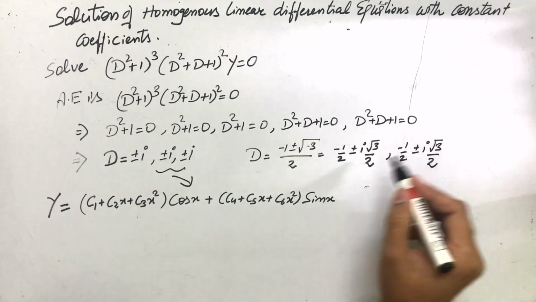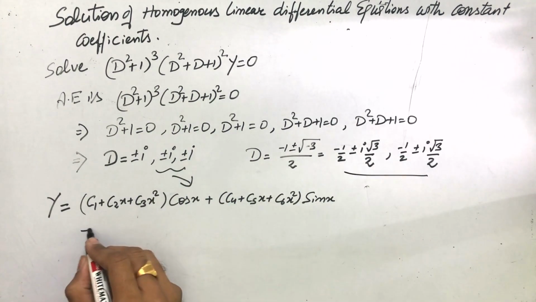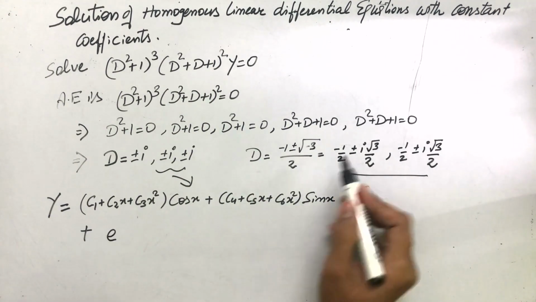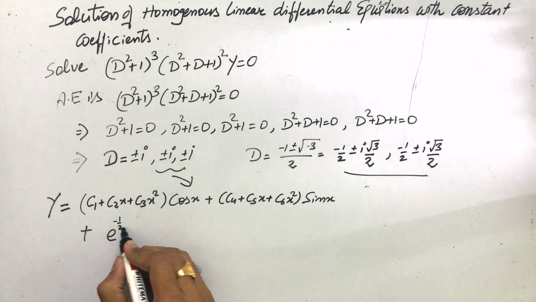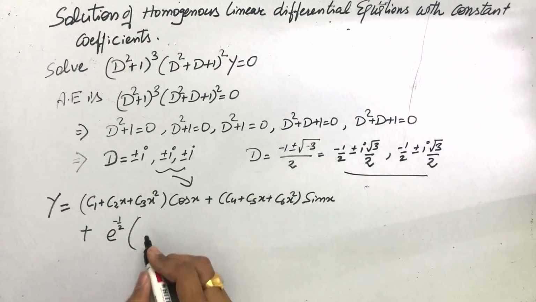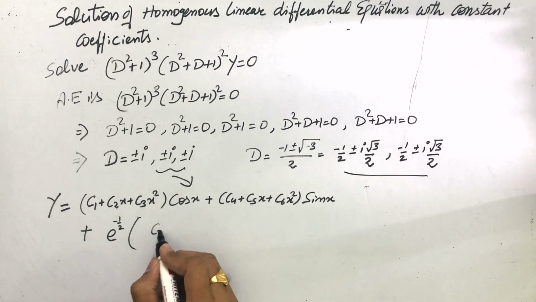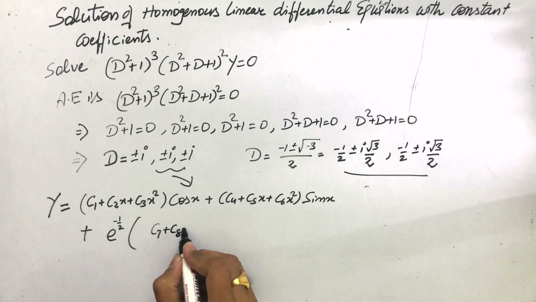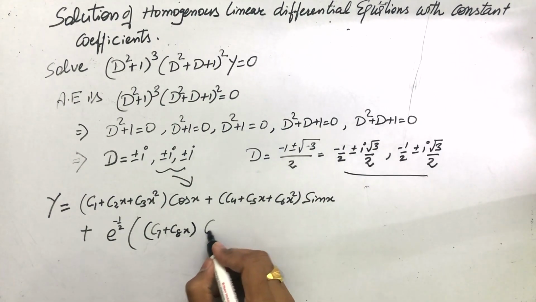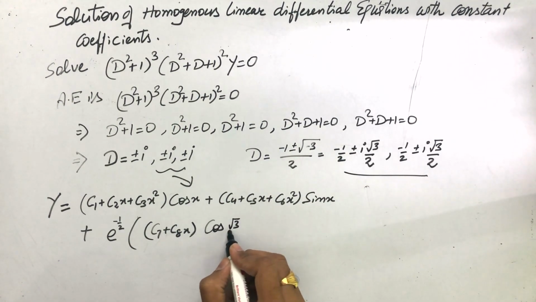So this part we get from this. Now we write the solution for this part. We write plus here and e power. So how much is the real part? Minus 1 by 2. And we have this solution twice. So after c6 we have c7 plus c8x, and the imaginary part is root 3 by 2, cos of root 3 by 2 x.